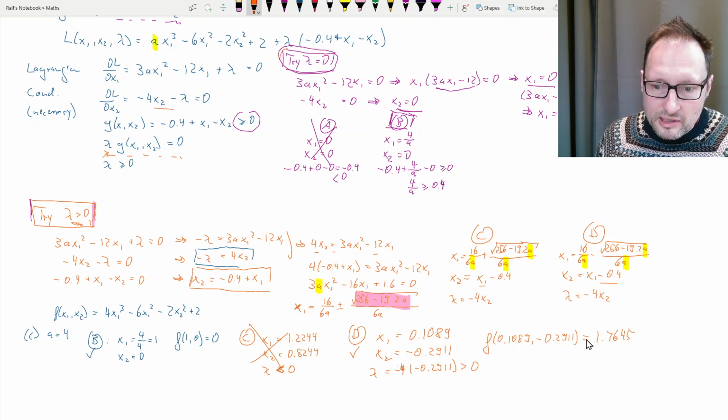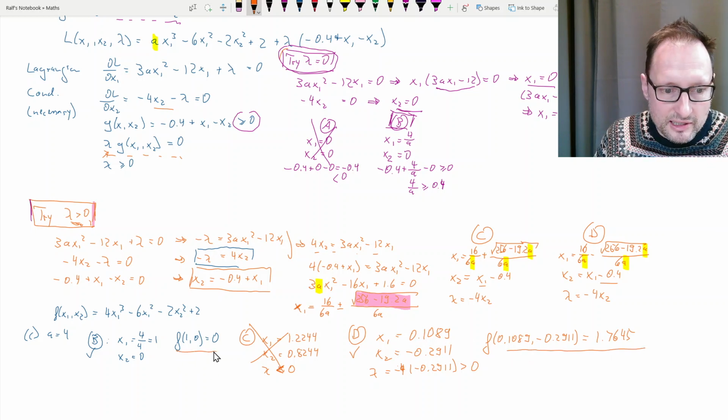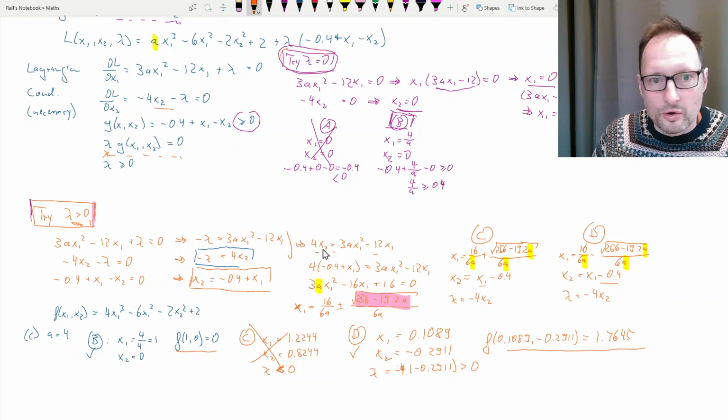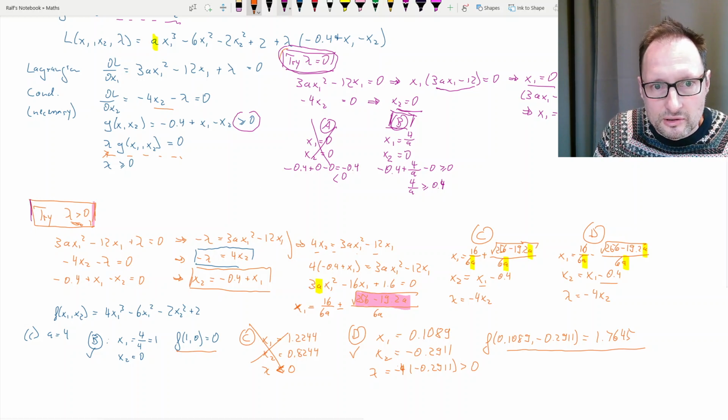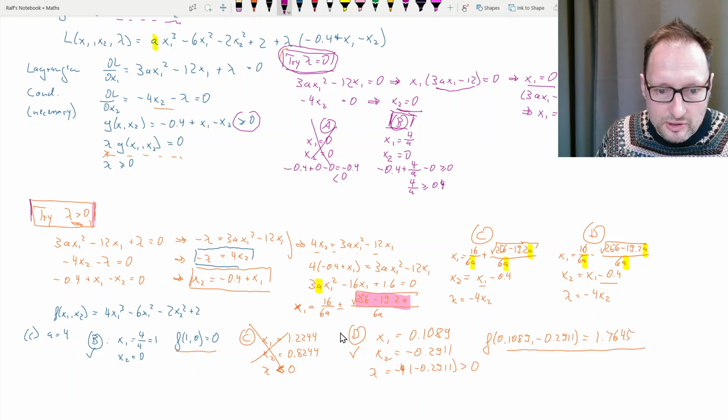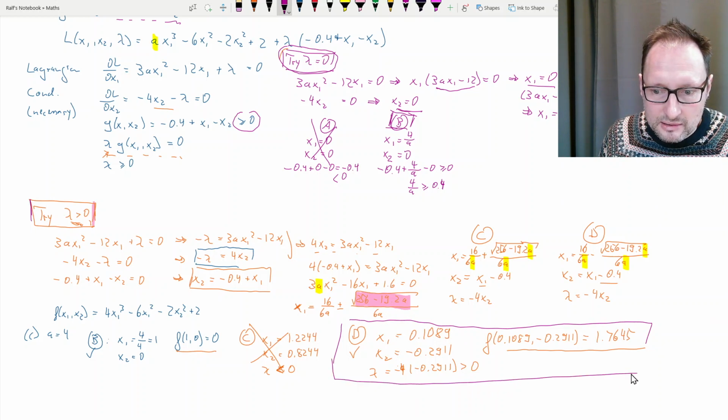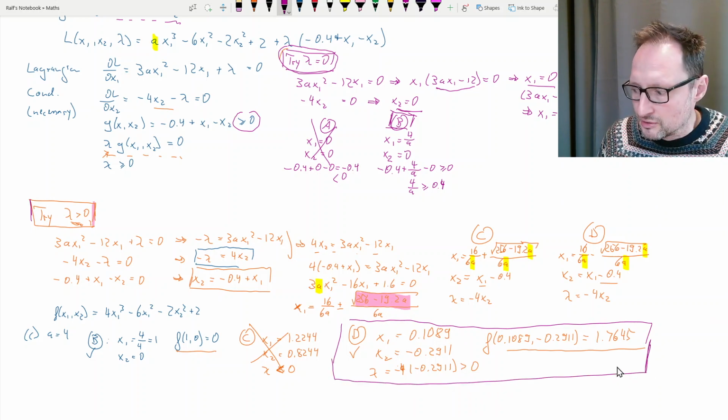So if you compare the two function values here and here, the candidate solution which remains, because it has a higher function value, is this one. D is our remaining potential solution.